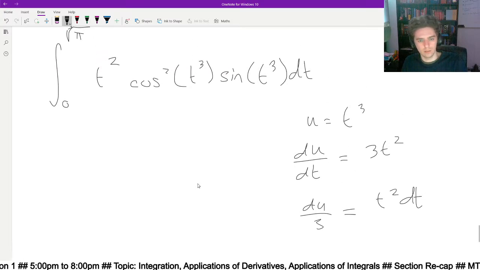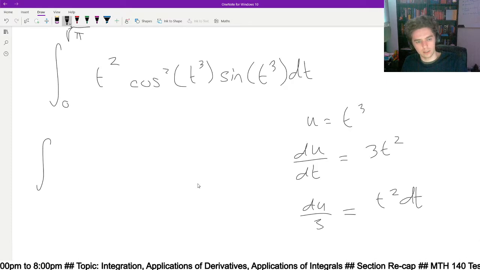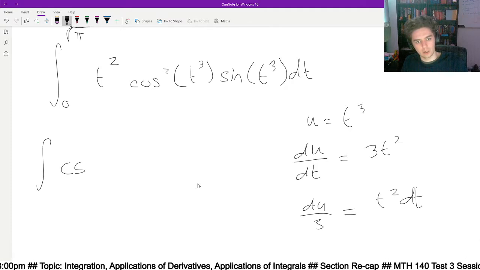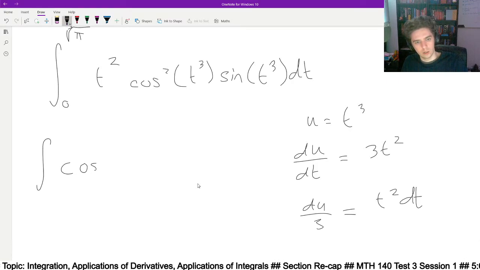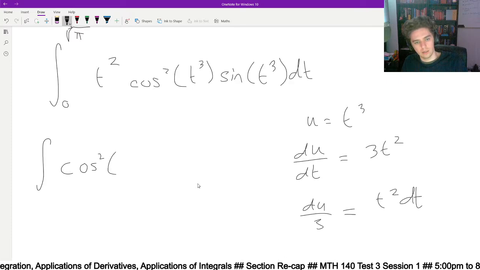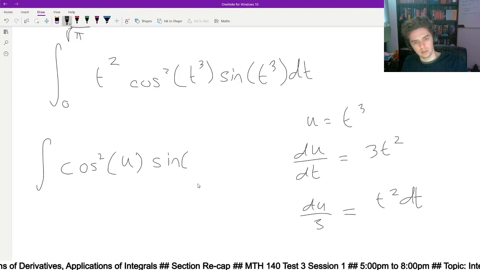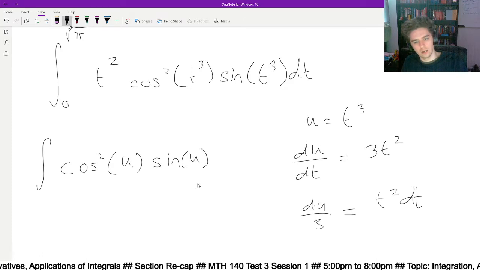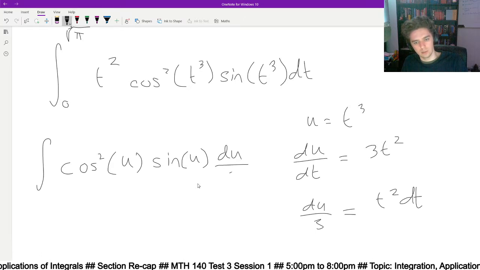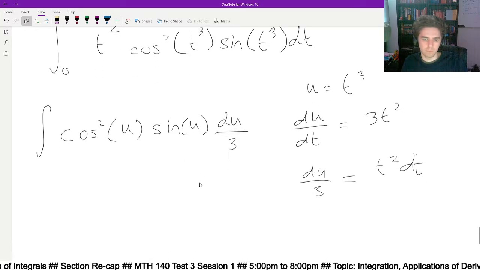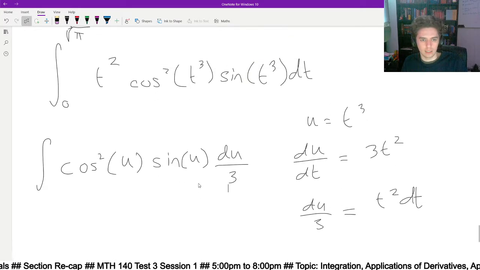Okay, that's useful. So what I can do is I can say cos squared u sine u times du over 3. Okay, and I got to adjust these limits of integration.